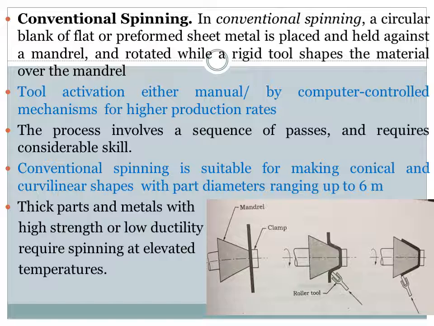Suppose you want to make a component with high thickness for the sheet metal, and the sheet metal has got low ductility. In such cases, we have to go for operation at high temperatures. But whether it is at room temperature or at the elevated temperature, the process is same, and the required shape can be obtained easily onto the component.